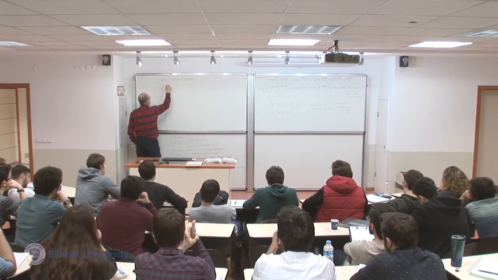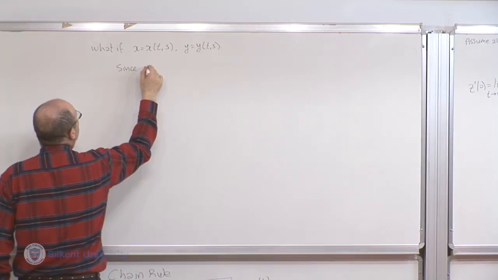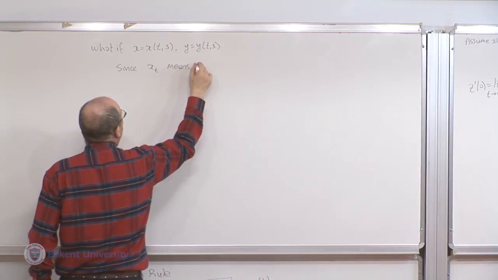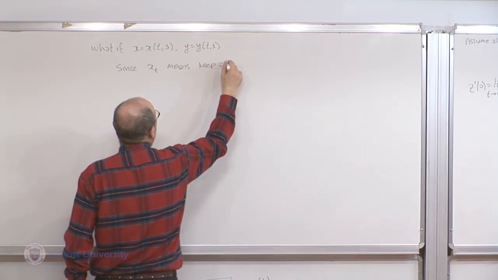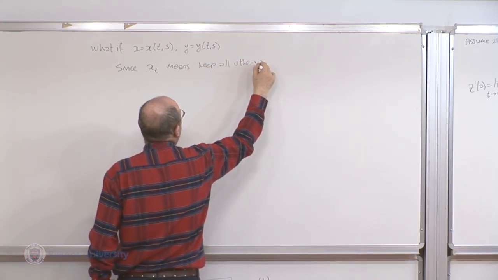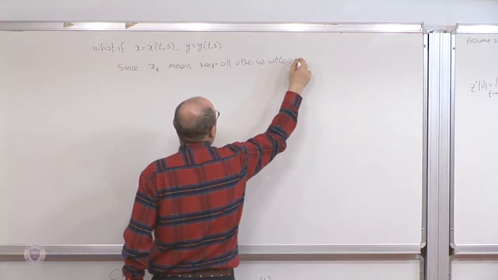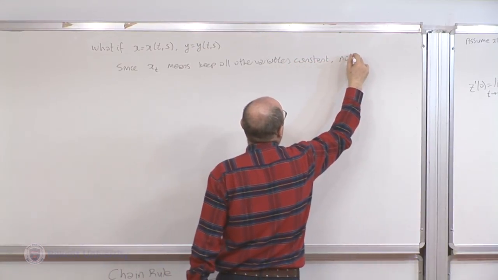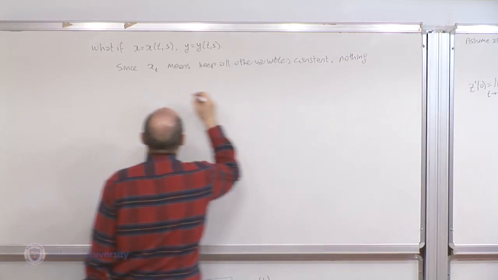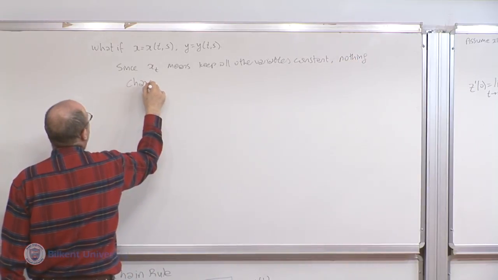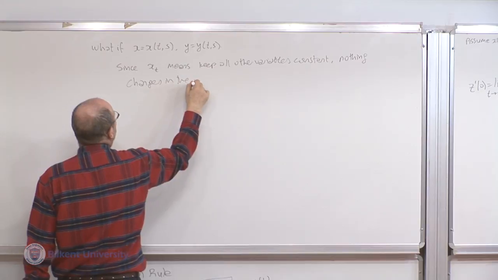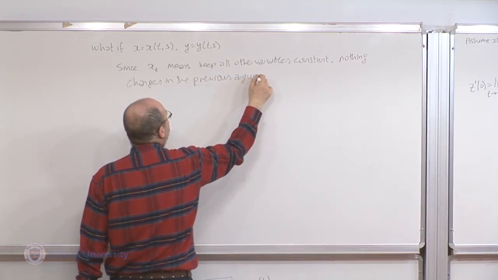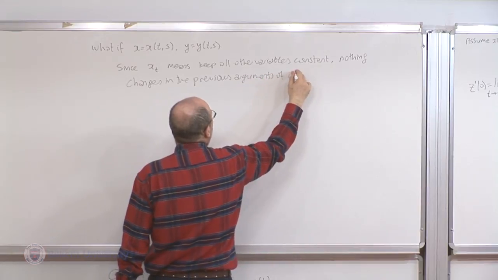Since the derivative of x with respect to t means keep all other variables as constant, nothing changes in the previous arguments of the chain rule.